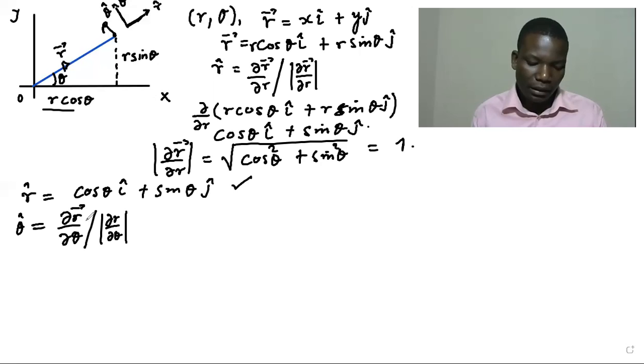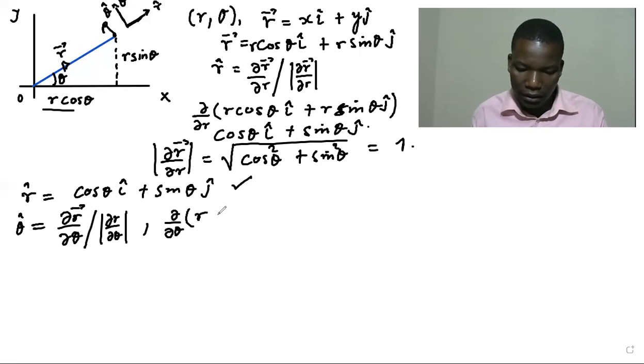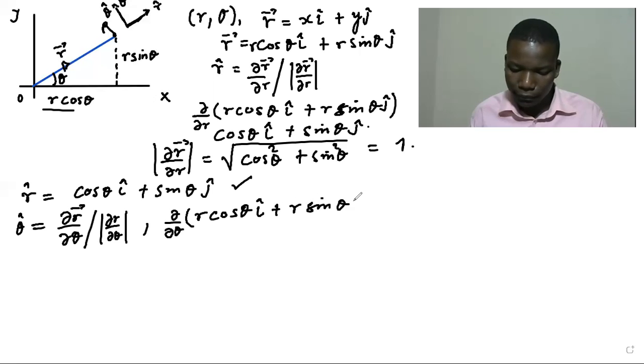So what is the change of r with respect to theta, the rotation? We have our position, which is r cos theta i plus r sin theta j.